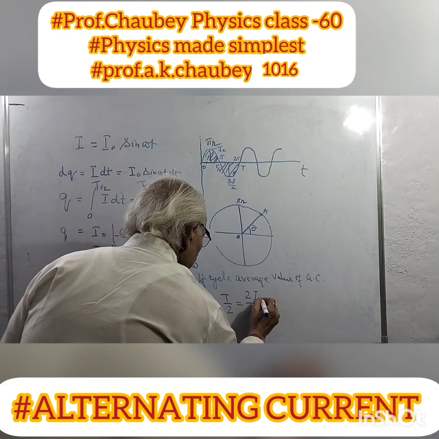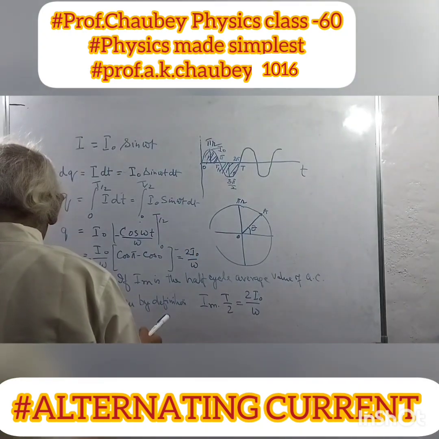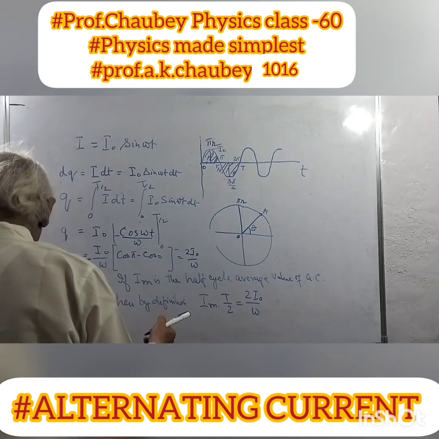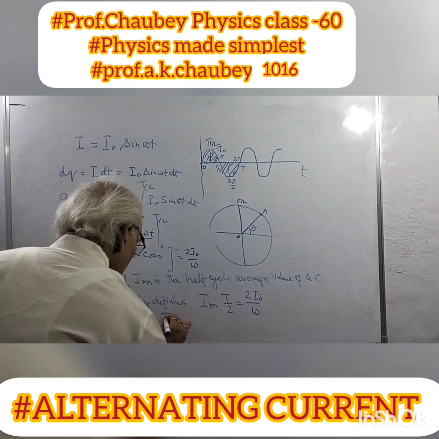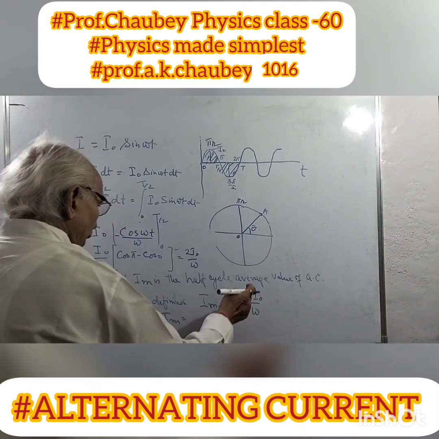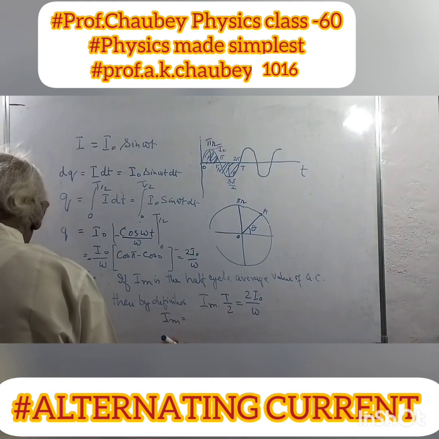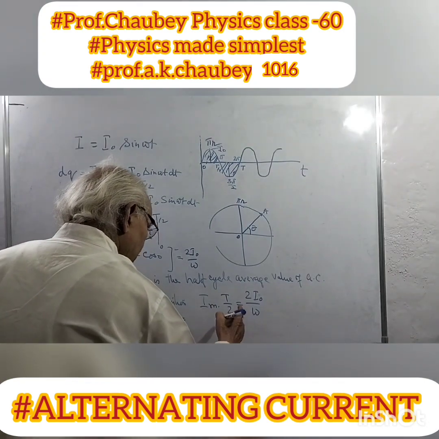So that means the mean value Im is equal to 4 I naught over omega T.